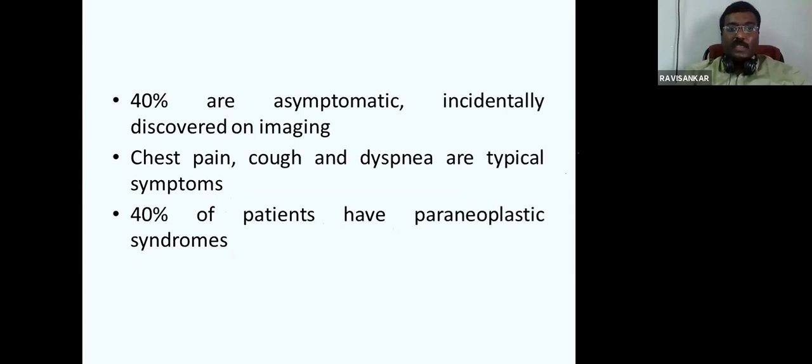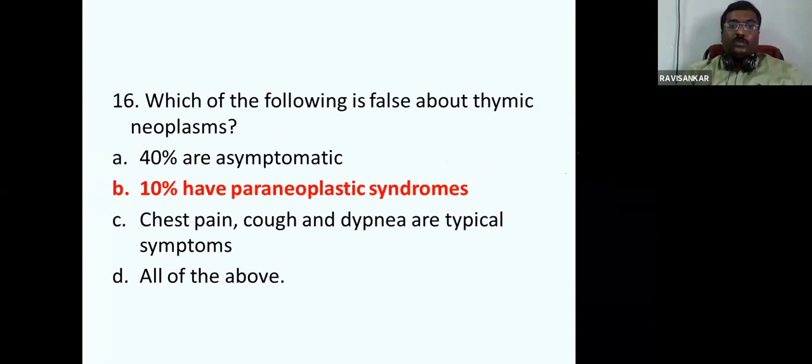Usually the thymomas, 40% are asymptomatic. 40% of the patients have paraneoplastic syndromes. This is very important. So literally you have to find out I'm talking about thymoma. The false statement is 10% have paraneoplastic syndromes, which is false.